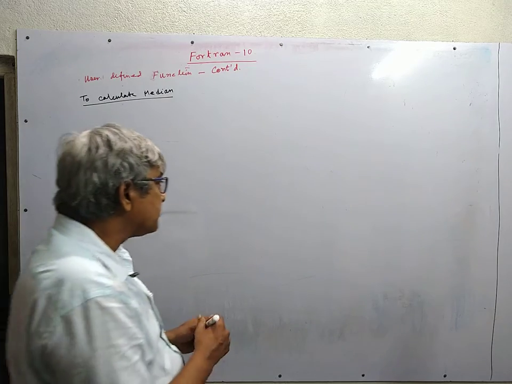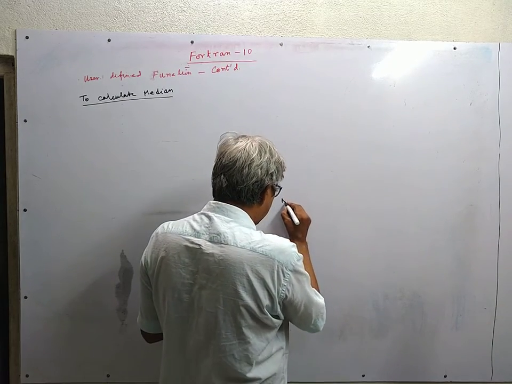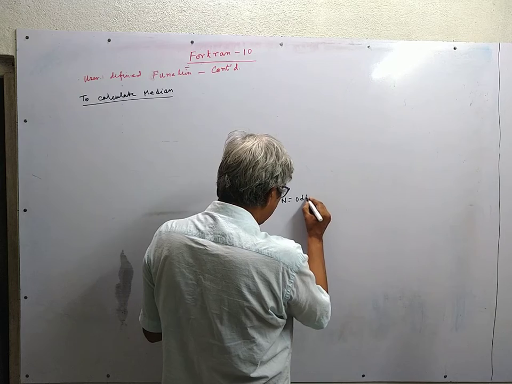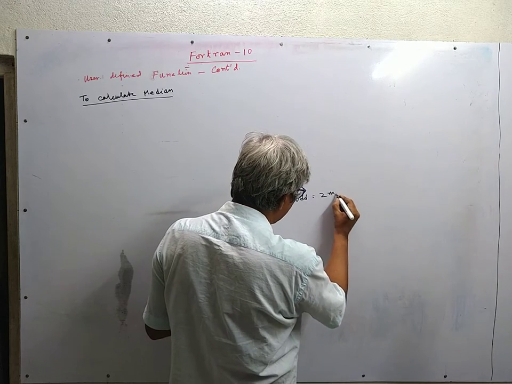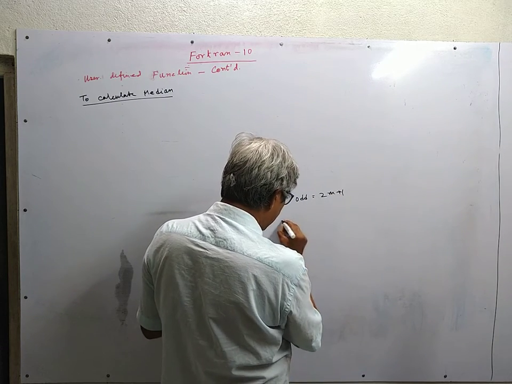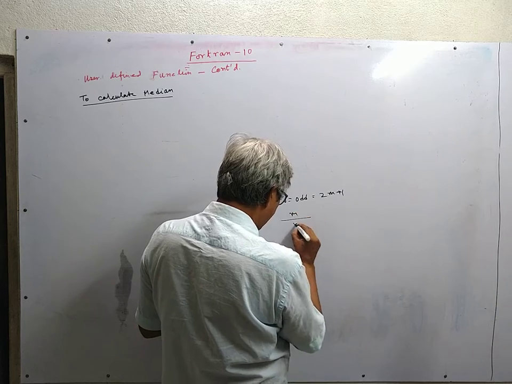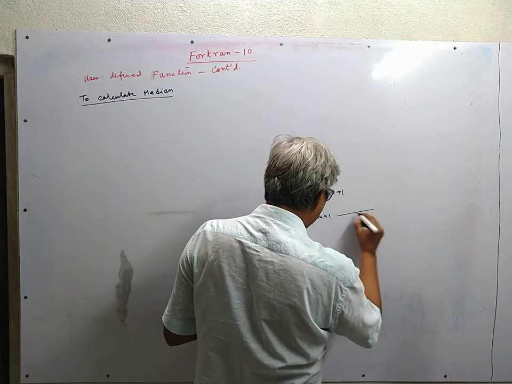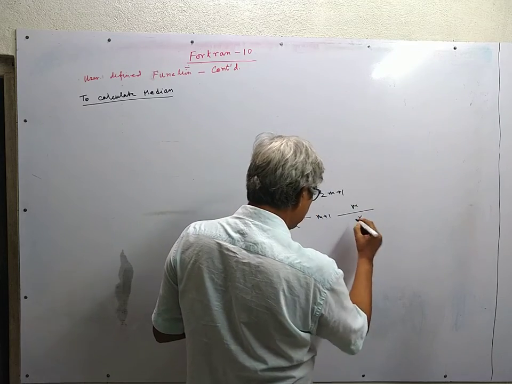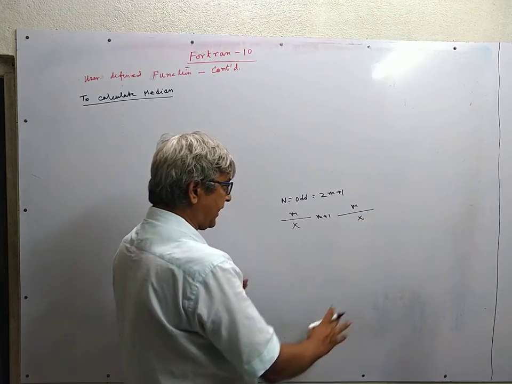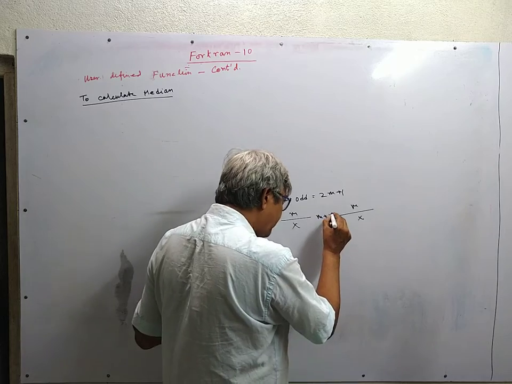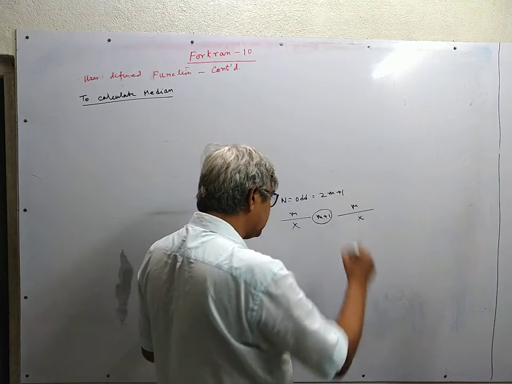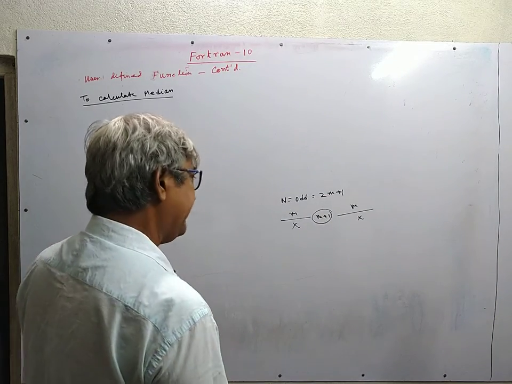If the number of observations n is odd, then we can write it as 2m plus 1, and you leave m data from the beginning, and you will have m plus 1 and then m data towards the end. After sorting, the m plus 1th data will be the median.